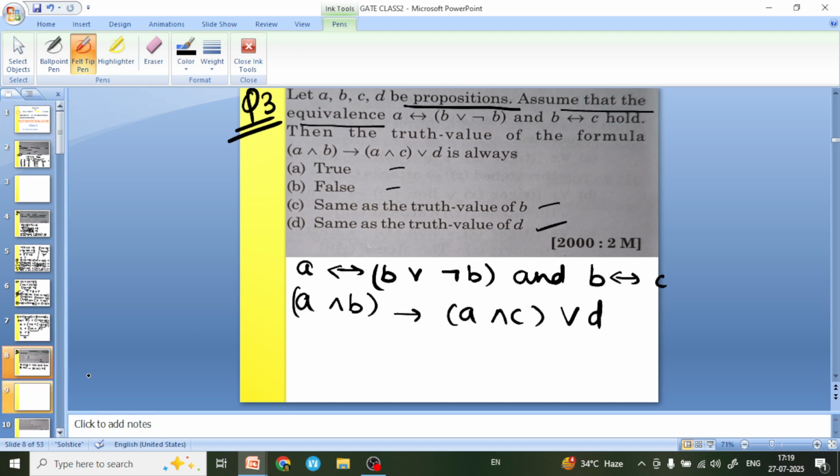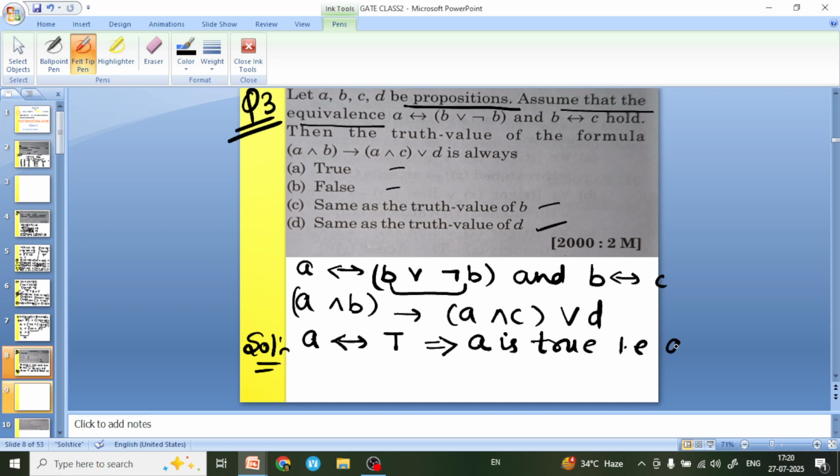To prove this, first of all, A bidirectional this B or not B, that is equal to true, and so we can say A is true, that is A equal to 1.